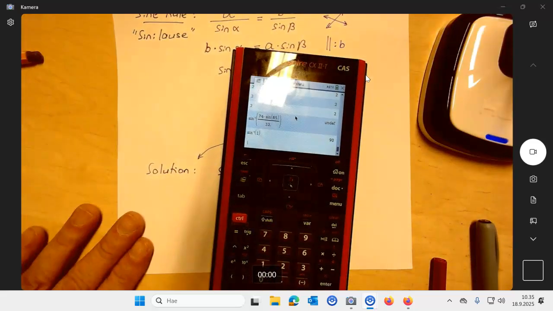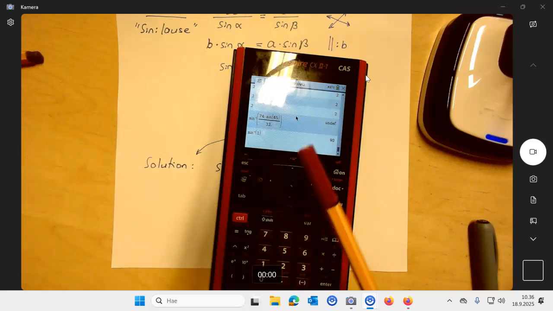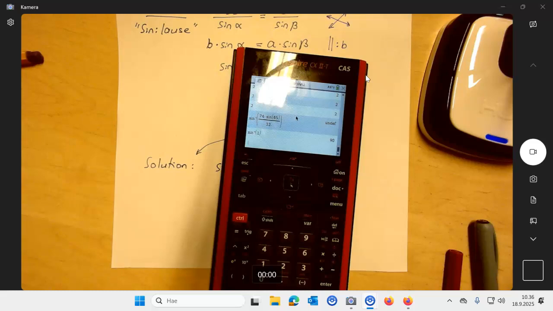And if you think of a right angle triangle, where the sine of the angle is exactly 1, the sine is opposite divided by hypotenuse. So this means that the opposite side should be the same length as the hypotenuse, and that is impossible for a right angle triangle.